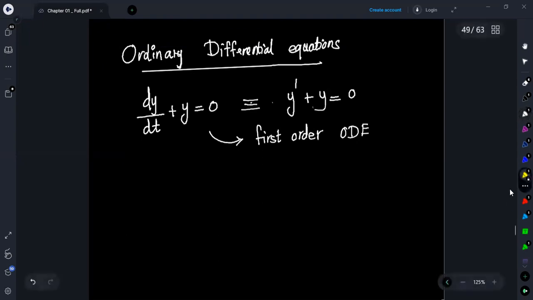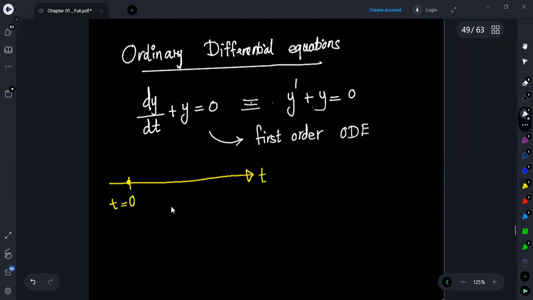Since we are dealing with time in the Laplace transform, the minimum value of time is t equals 0. Since t cannot be negative, the initial condition means the value of each variable at time t equals 0.